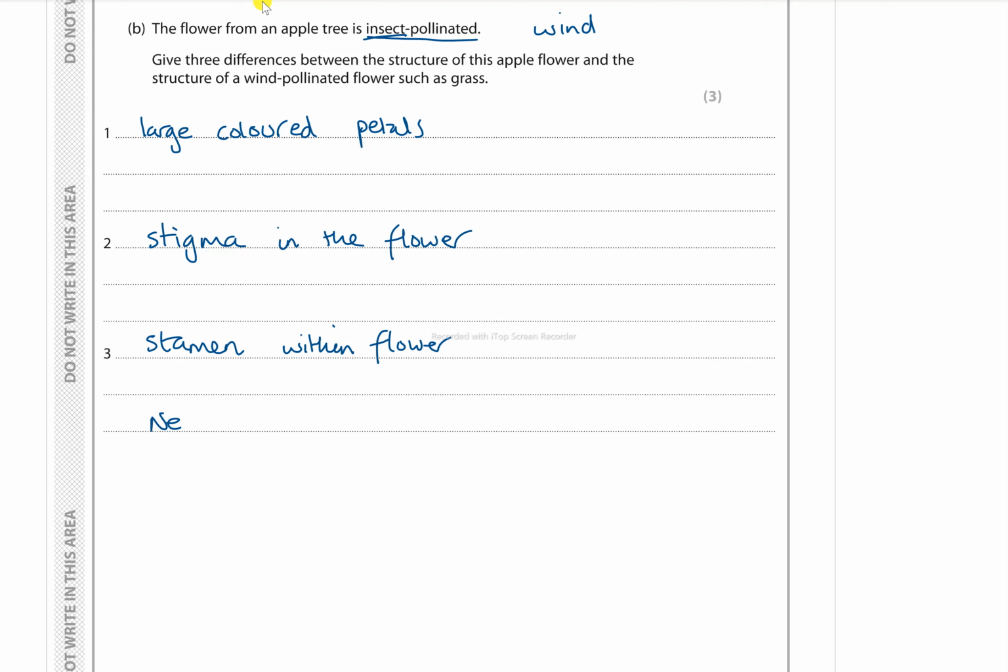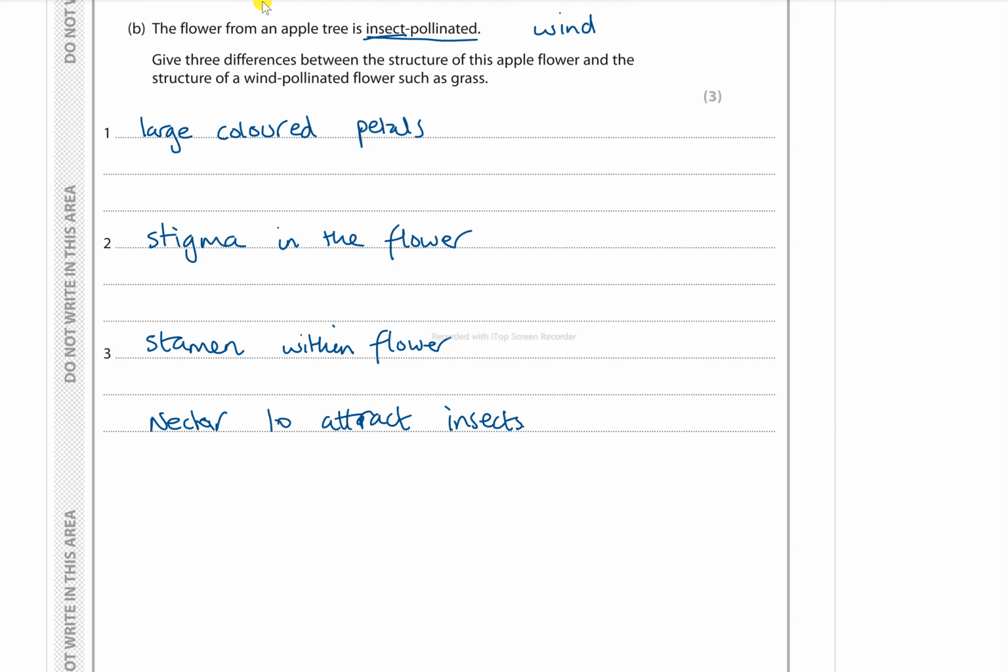They have nectar to attract insects. Oh my god, did I just write that? Attract insects.